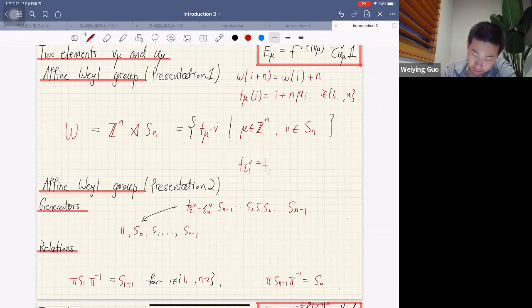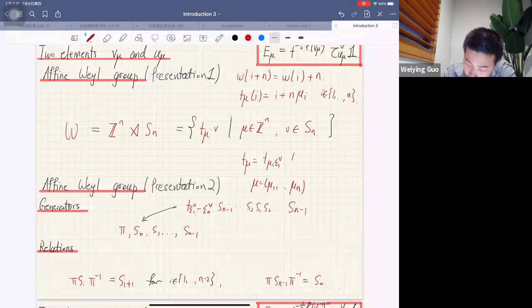If you write T mu in terms of the composition, mu equals mu1 to mu n, then T mu will just be T mu1 epsilon 1 check times T mu 2 epsilon 2 check up to T mu n epsilon n check. So they add up.